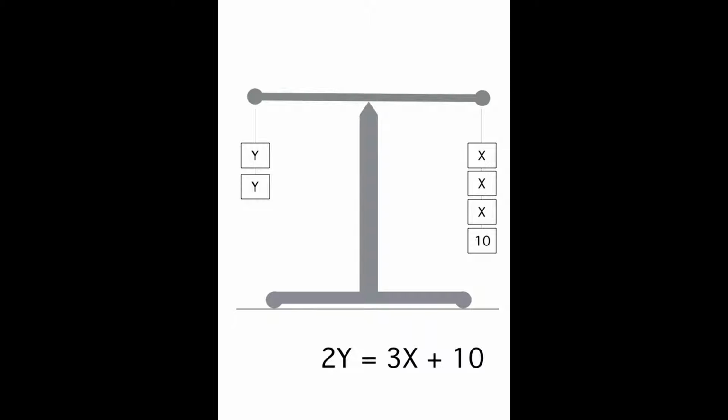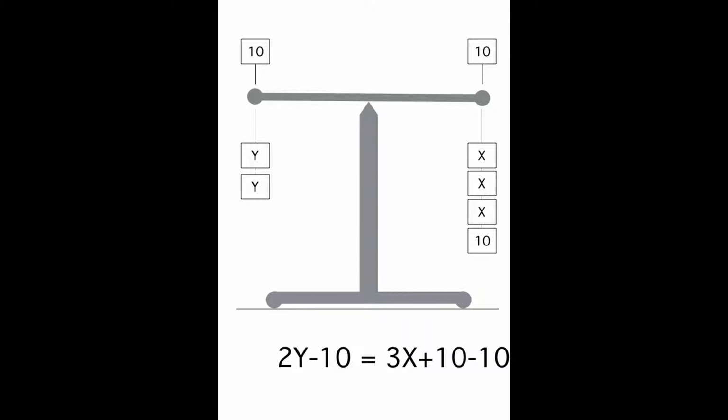But I can't move it over to the other side because that would create an unbalanced equation. So I'm going to do something to both sides of the equation to get rid of that 10. What I'm going to do is subtract 10. So I subtract 10 from the left side and I subtract 10 from the right side, and let's have a look what happens.